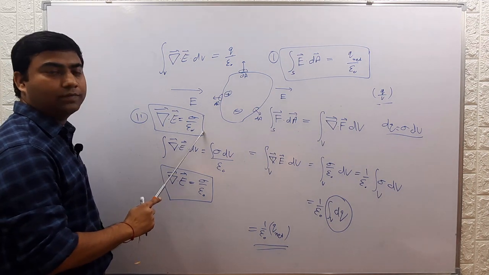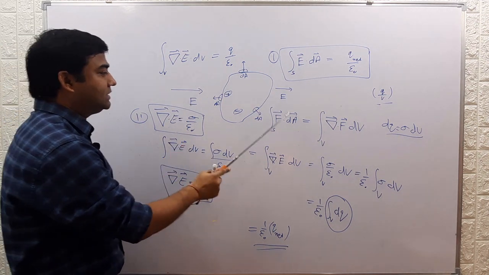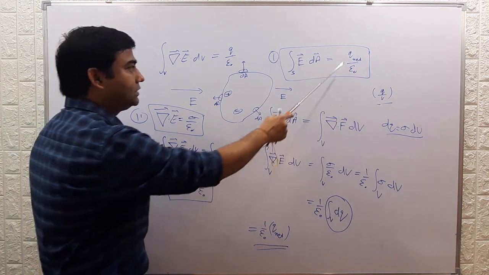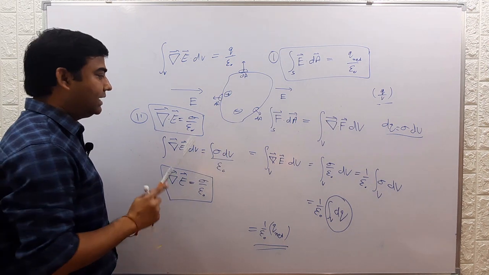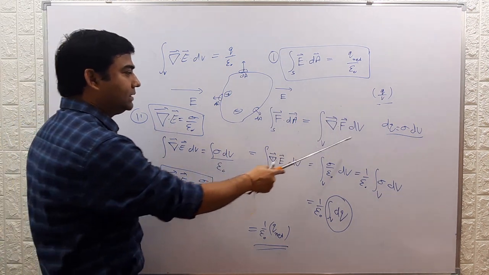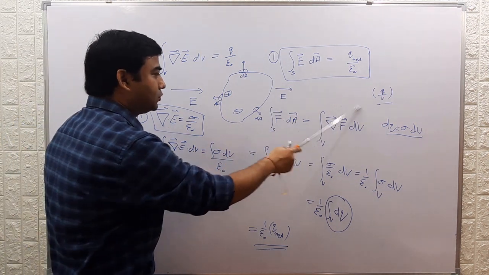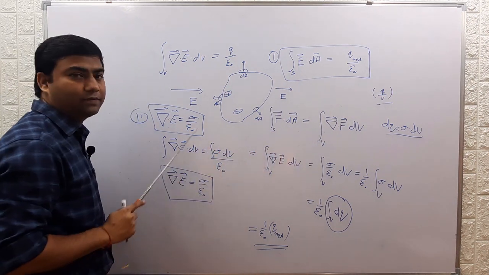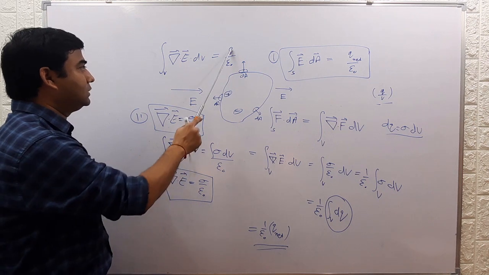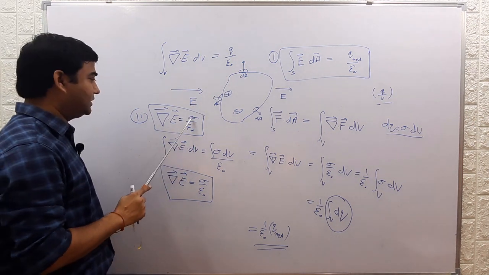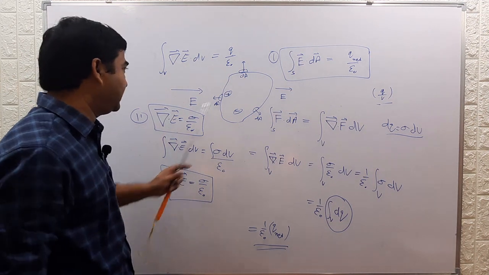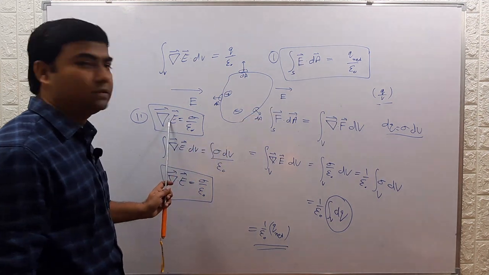The integral form is achieved by equating the total flux with Q net by epsilon 0, and the differential form is achieved by equating the total divergence of the volume surrounded by the Gaussian surface with Q by epsilon 0, in the form of charge density. So Gauss's law can be written in integral form and in differential form.